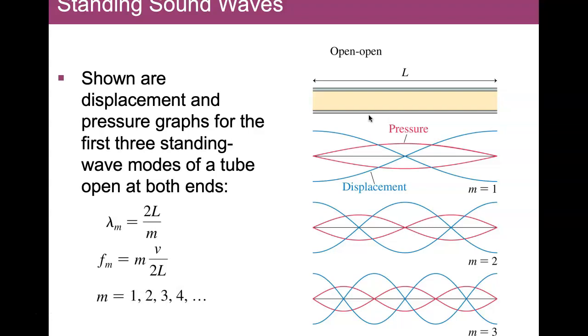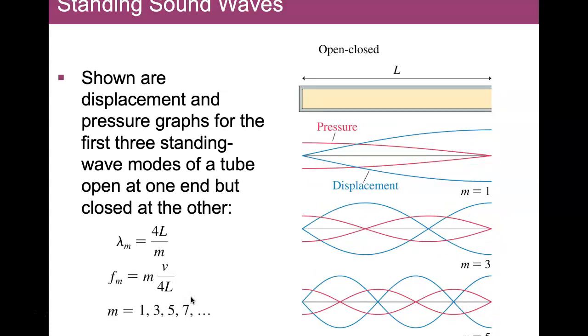As we discussed in the case of the string, you fit an integer multiple of lambda over 2, right? From here to here, we have lambda over 2. Also from here to here, going from maximum to minimum, that's also half the wavelength. So we find the same expressions for the frequencies and the wavelength as the closed case.